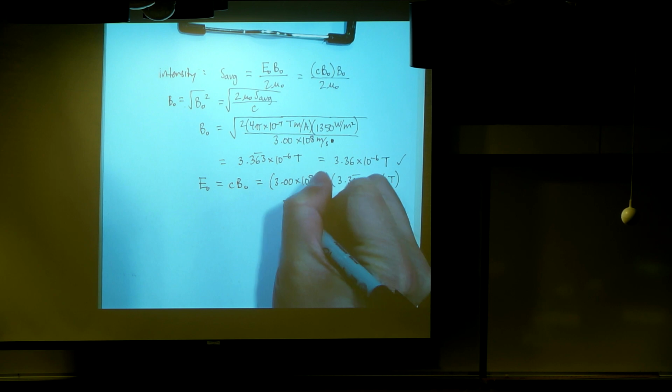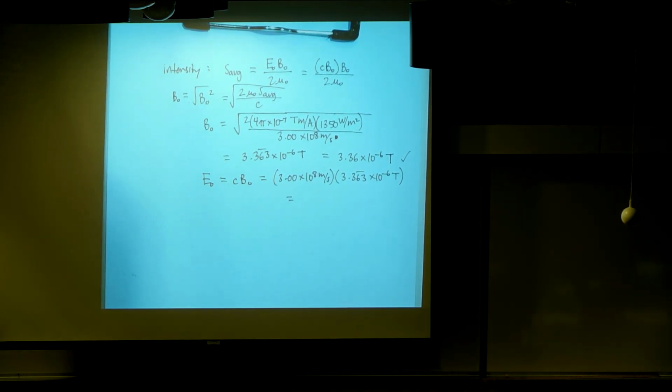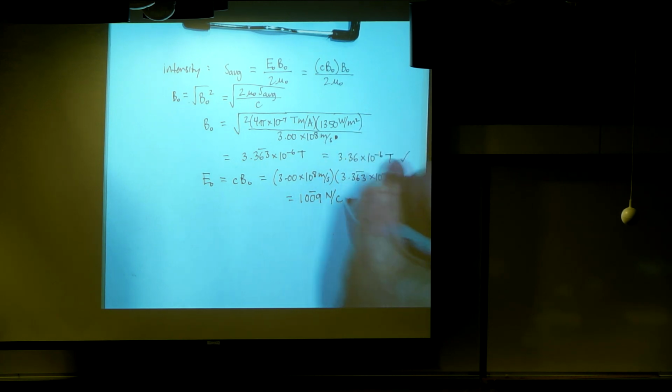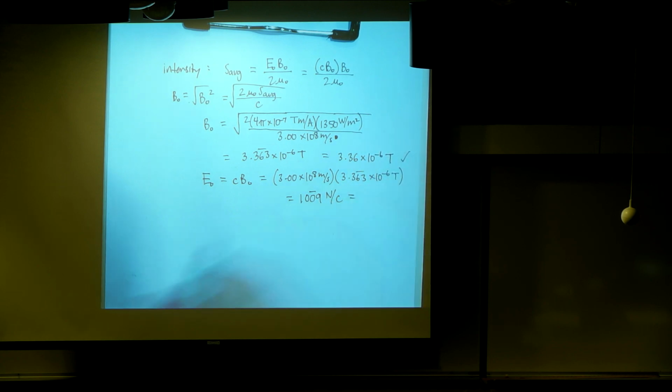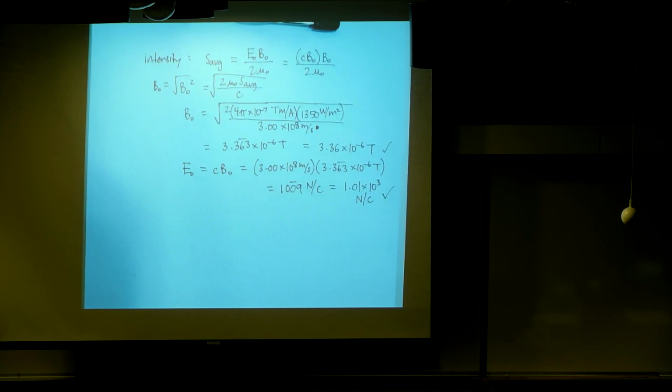And that's going to give us what we want. Works out to just a little bit over 1,000. 1,009 if you work it out, newtons per coulomb. But rounding it off and putting it in scientific notation, it's about 1.01 × 10³ newtons per coulomb. Okay? So there it is.